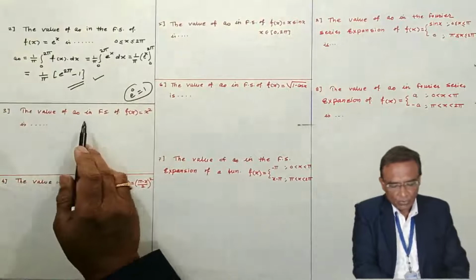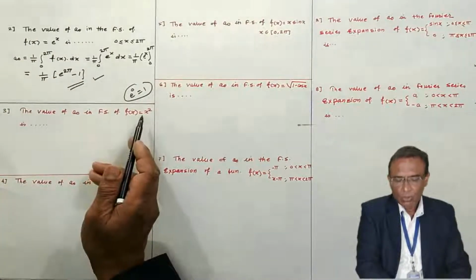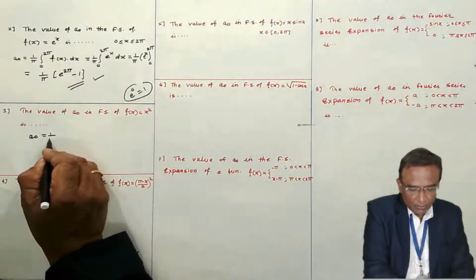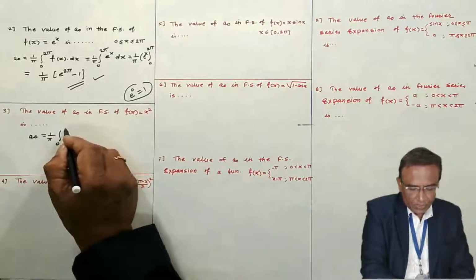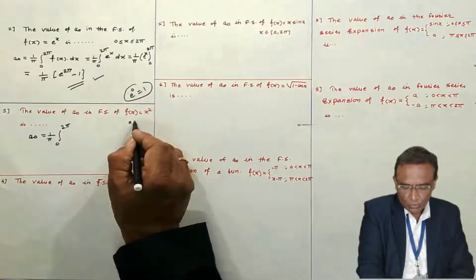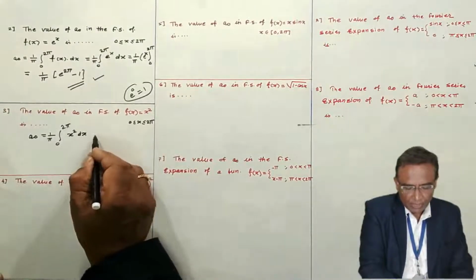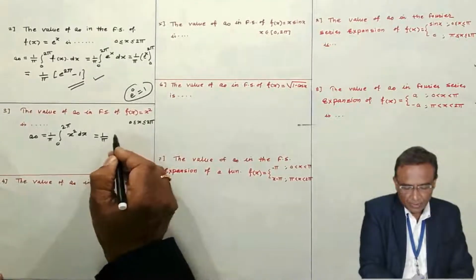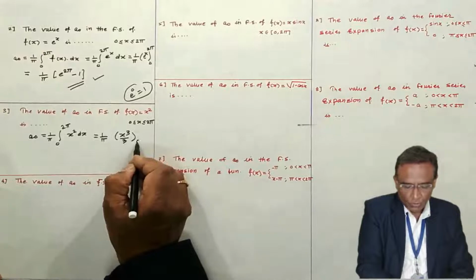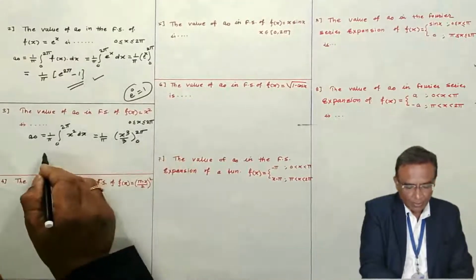Next MCQ, value of a0 in the Fourier series of fx. The formula is what? a0 equal to 1 by pi integral 0 to 2 pi. Okay, for the range 0 to 2 pi, x square dx. And what is the integral of this? Integral of x square is x cubed by 3. Lower limit is 0, upper limit is 2 pi.